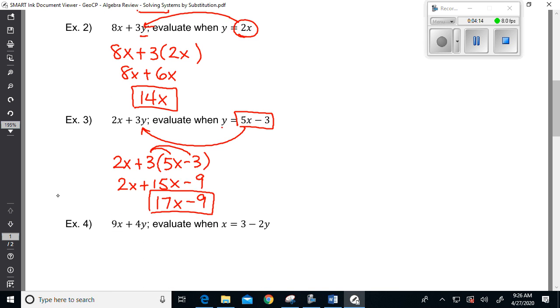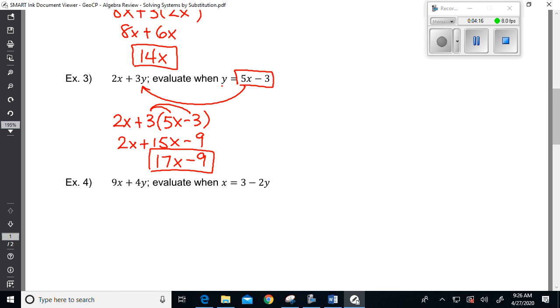So let's do one more because everything has been y equals, so let's do one with x equals. 9x plus 4y, evaluate when x equals 3 minus 2y. So take 3 minus 2y and plug it in for x. Same type of problem, we're just plugging it in for x. So notice that all we have now are y variables.